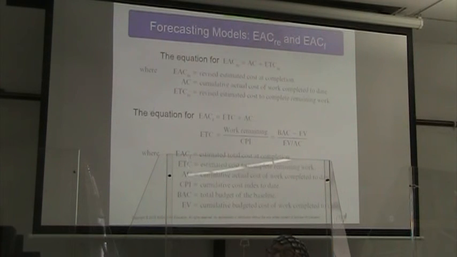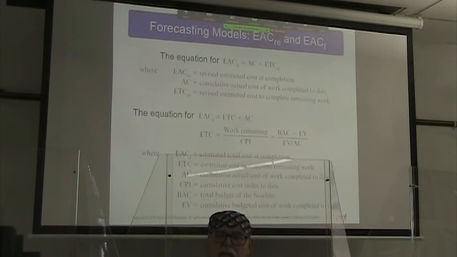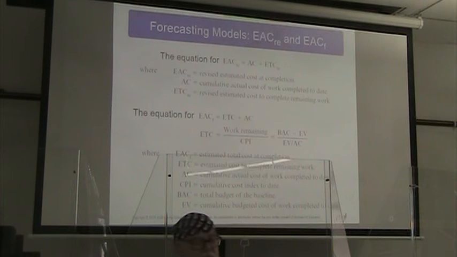All right, so how we calculate the EAC sub RE and the EAC sub F. Our revised estimated cost at completion is going to be equal to the actual cost plus our revised estimated cost to complete the remaining work. Okay, so that somewhat makes sense.